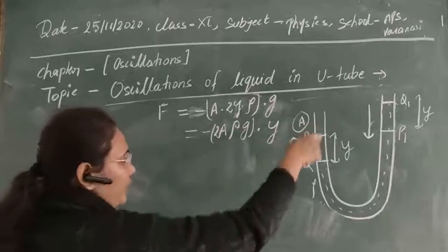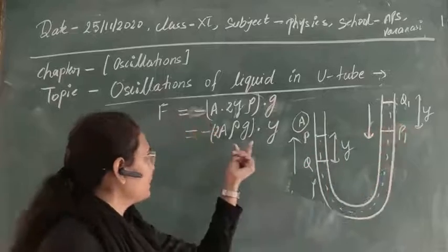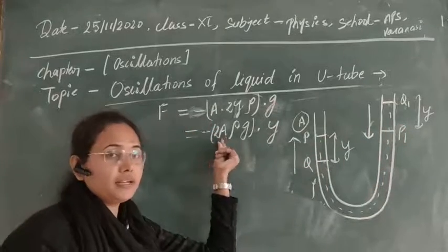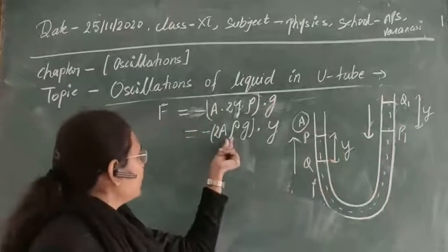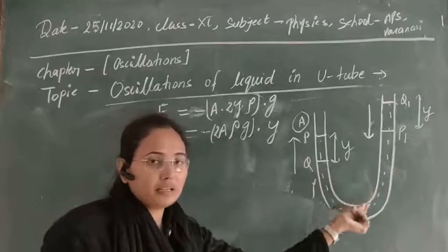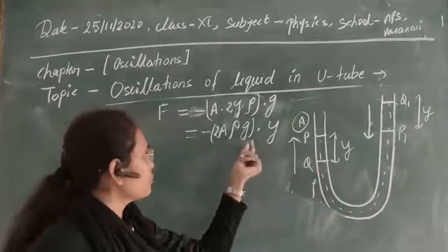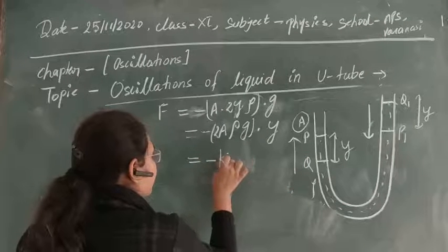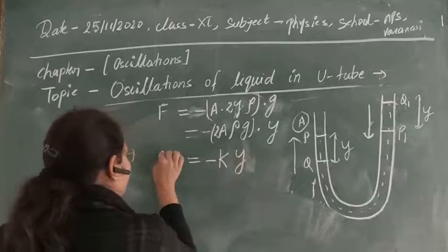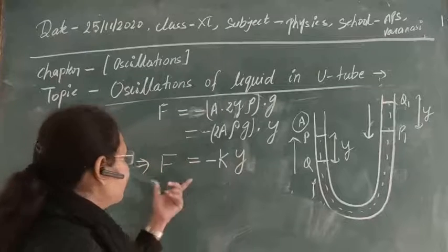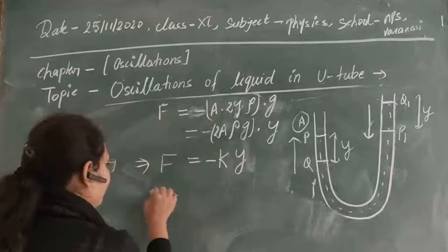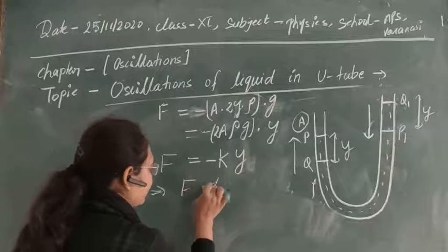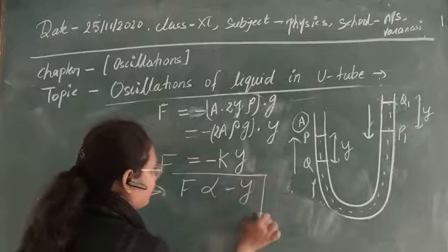As y is variable, other things are constant, like the cross-sectional area of U2, the density of liquid taken in this U2, and gravity is constant. Then obviously we can replace it by another constant k, and the final formula that can be obtained is F is equal to minus ky, or you can say that F is directly proportional to minus y.